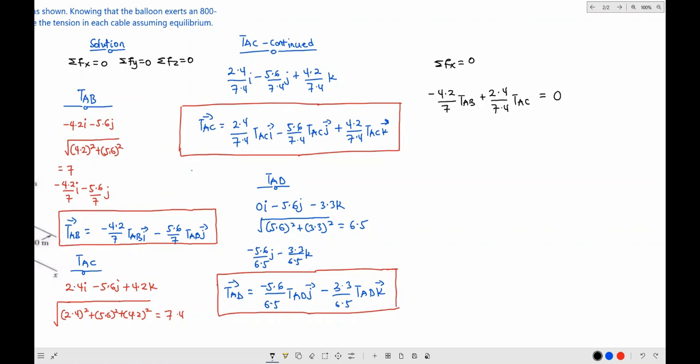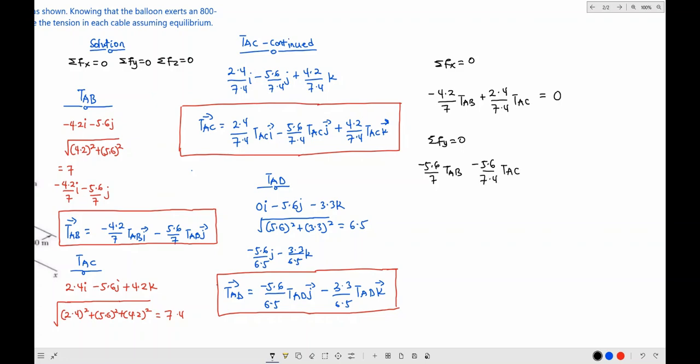Okay, all right. So now let's consider the sum of the forces in the y-axis direction also. For TAB, you have the y component to be minus 5.6 on 7 TAB, and then for TAC, you have the y component to be minus 5.6 on 7.4 TAC, right?